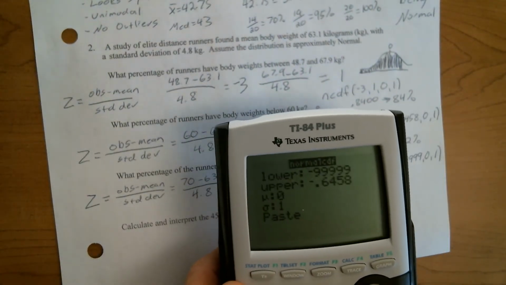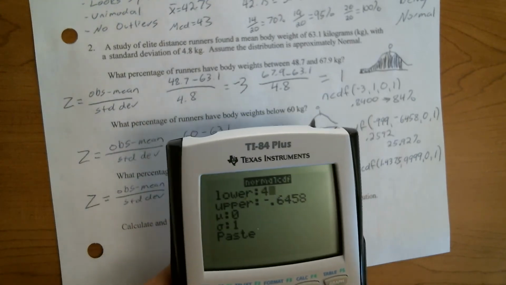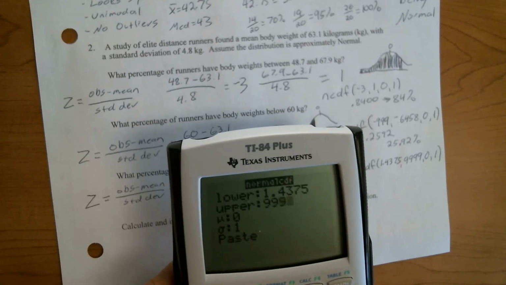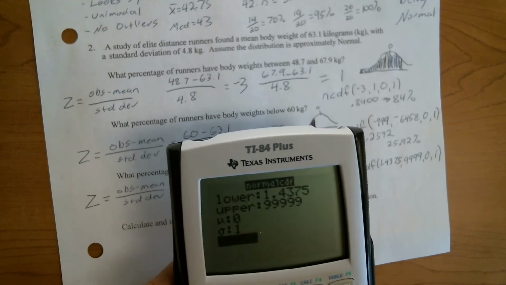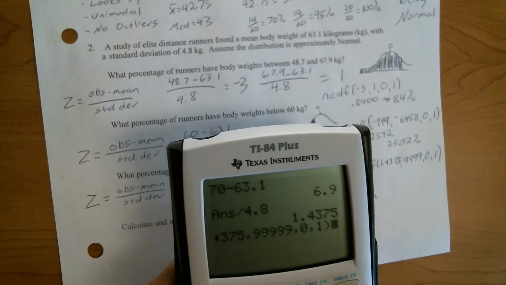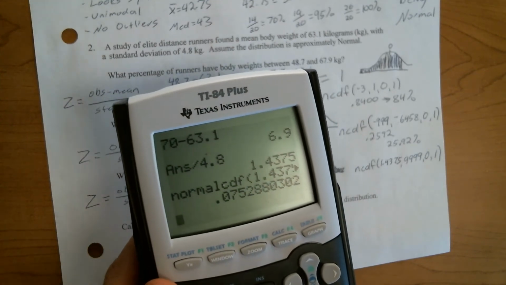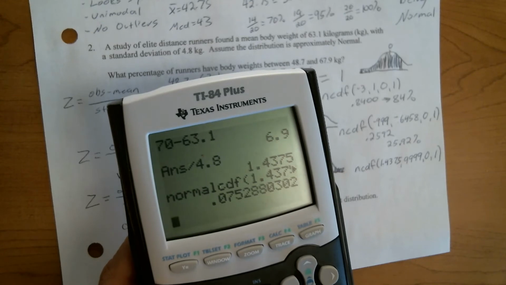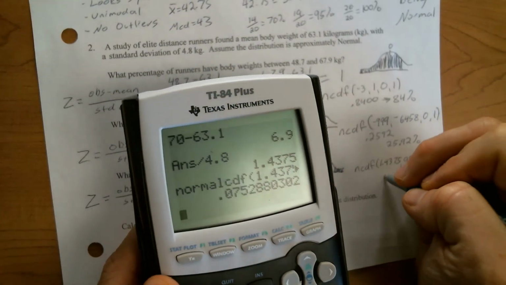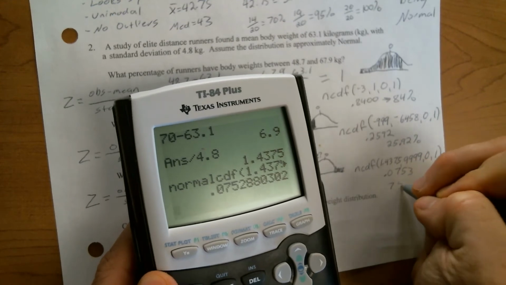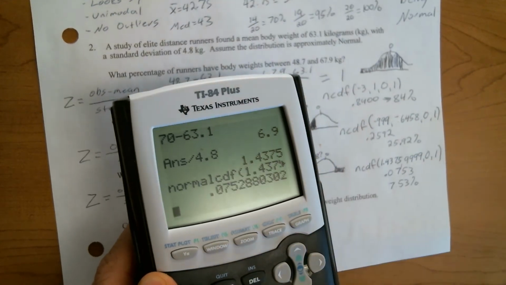So the 1.4375 is my lower, the upper is the 999. The mean and the standard deviation stay the same. And we get 0.0753, or written another way, 7.53%.